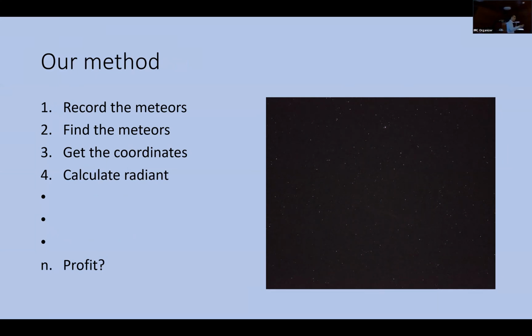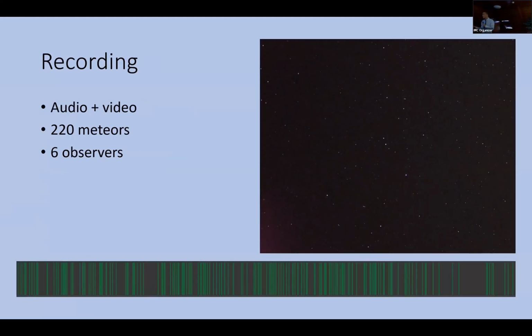Our method was first, of course, to record the meteors, then find them, try to get the coordinates, use those coordinates to get the radiant, and then with some other methods get some more science out of it. The recording was also made in audio, and we have video files, of course.